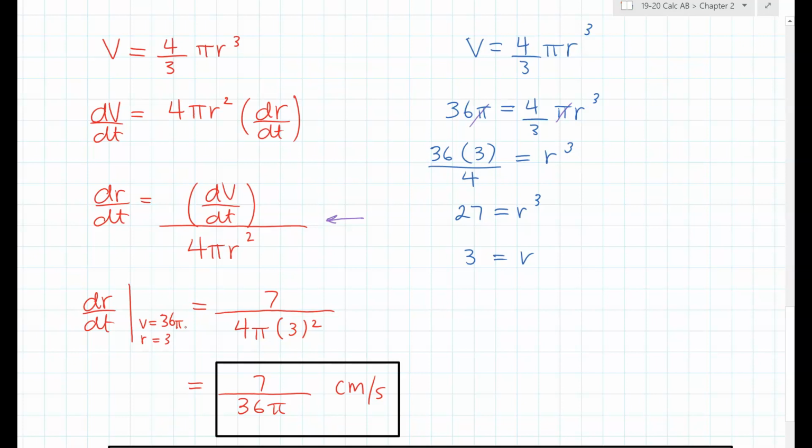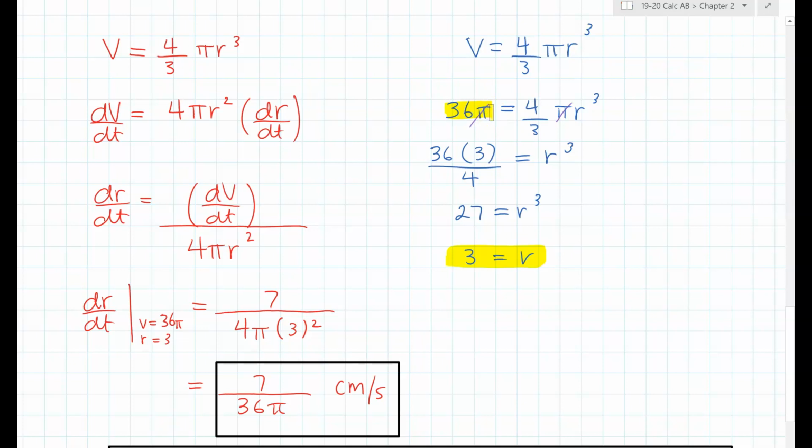Now you notice under there I put r equals 3. The reason I put r equals 3 is because I came over here and did some work. I had to solve for the radius. So how did I solve? Well, I used the volume equation, and they told me that the volume was 36 pi. So instead of V equals 4/3 pi r cubed, I put 36 pi. I plugged it in right here.